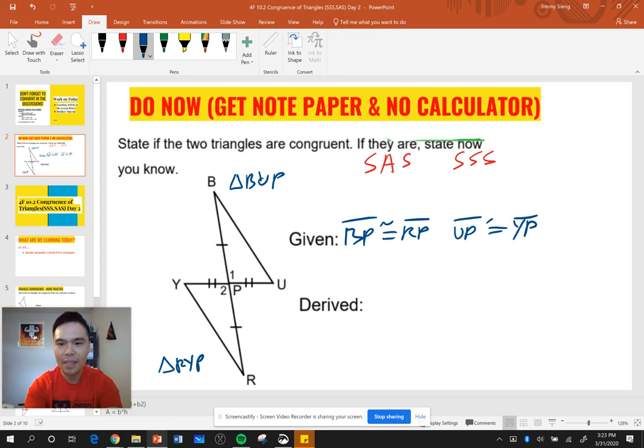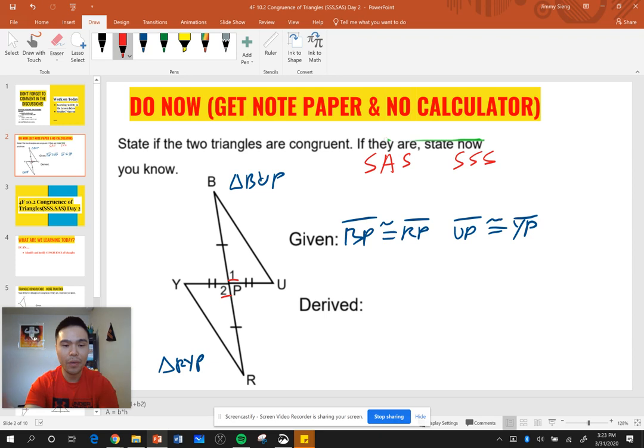Okay, when I say I'm consistent, what I mean is I'm trying to make things in order, right? So if I'm taking out from one triangle, I have to stick with that one first and then do the second one after, okay? That's the best way to approach this. Looking at this, because I know that right over here, I'll do this in red, we have angle 1 and angle 2. Because I know they're vertical angles, right?